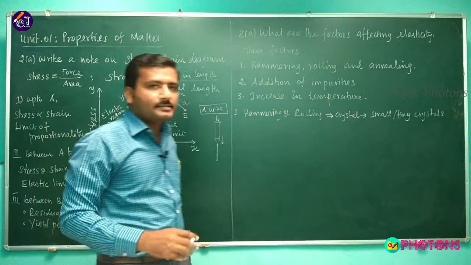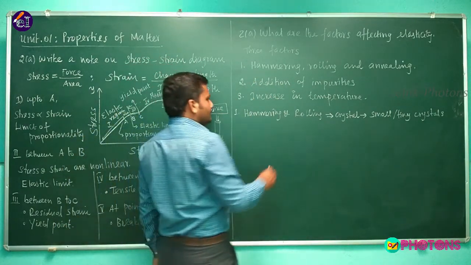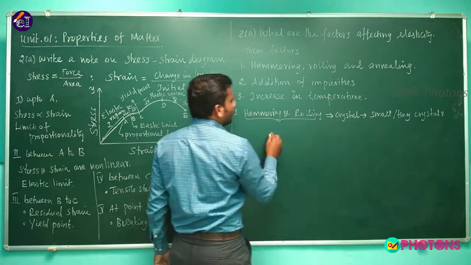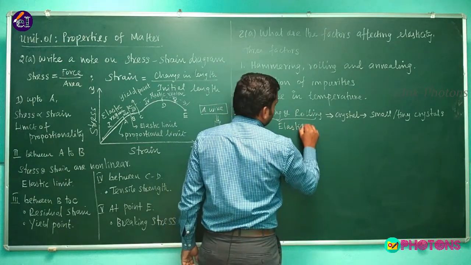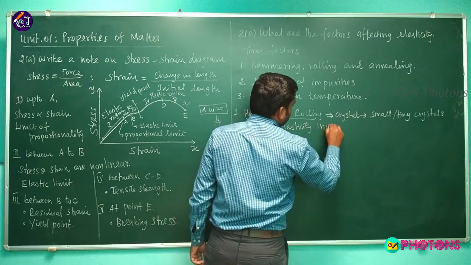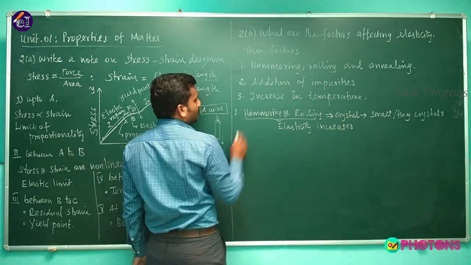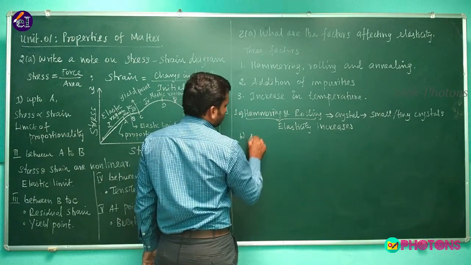As these are broken into tiny crystals, the elasticity increases. So during this process of rolling and hammering, elasticity increases. This is 1A.